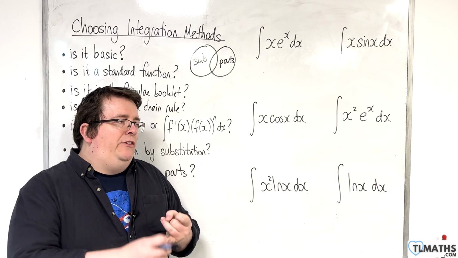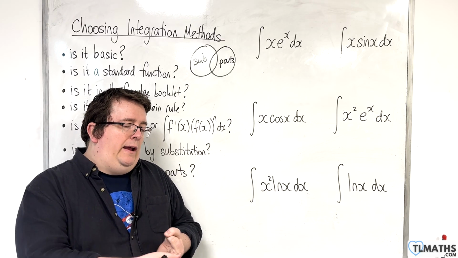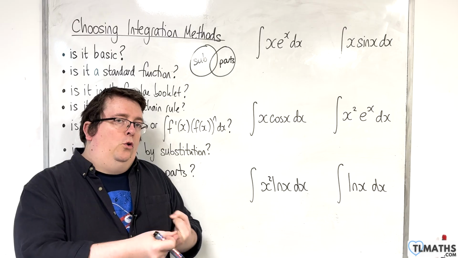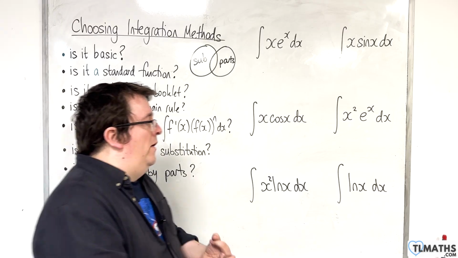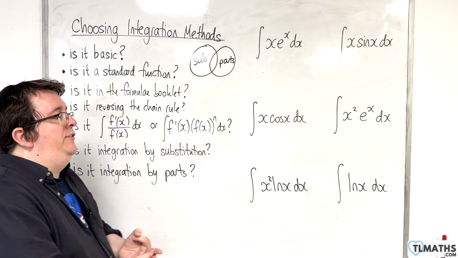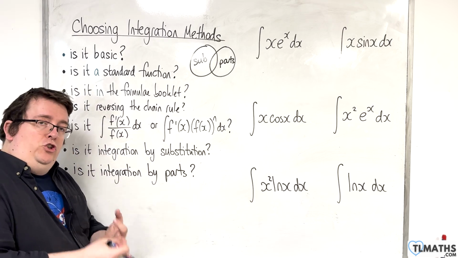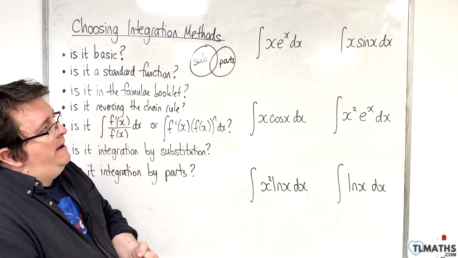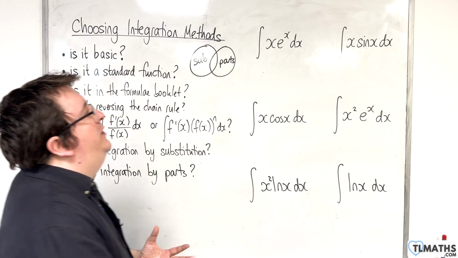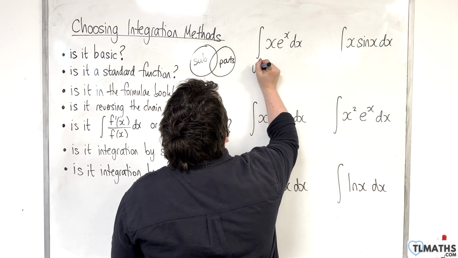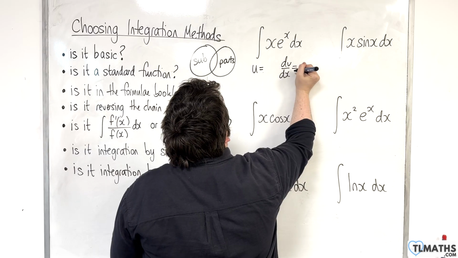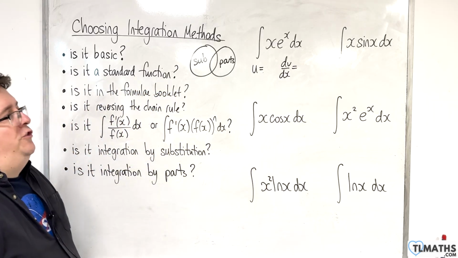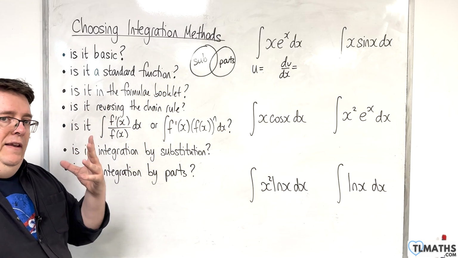Okay, so if it's x squared e to the x, squared sine x, squared cosine x, these are all parts twice, but x squared log x is once. The reason why that is different is because it's a different choice of u. So remember, at the start of integration by parts, you need to identify what is u and what is dv by dx. Okay, so in order to do that, you're looking at the LATE rule.